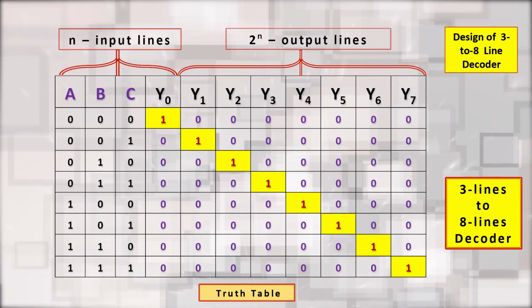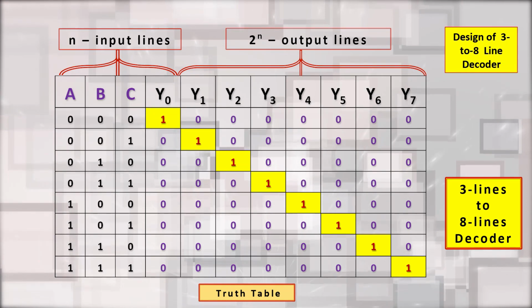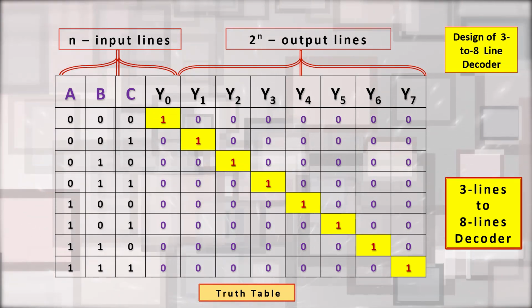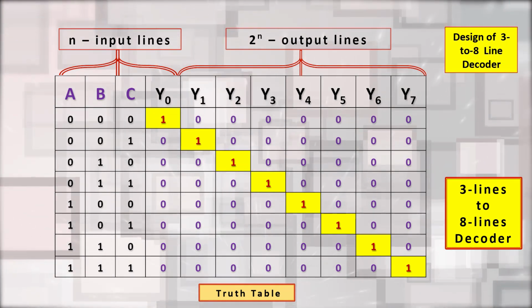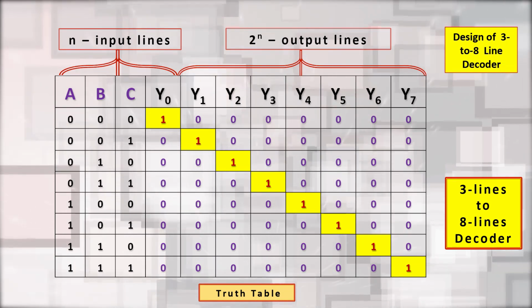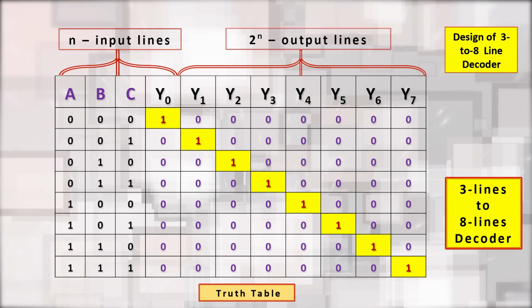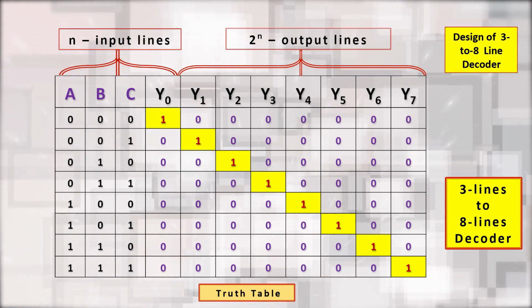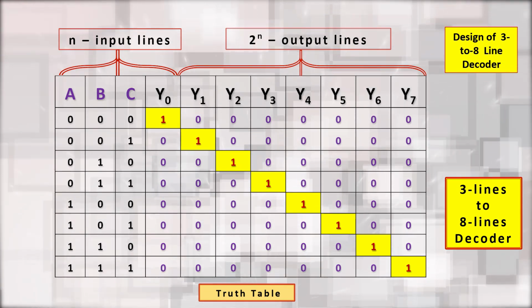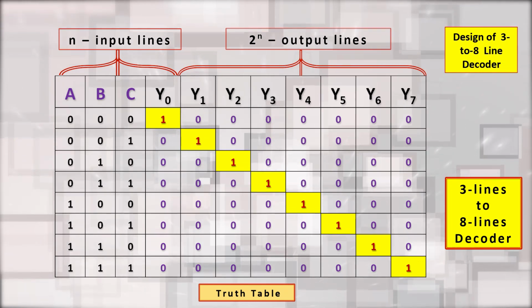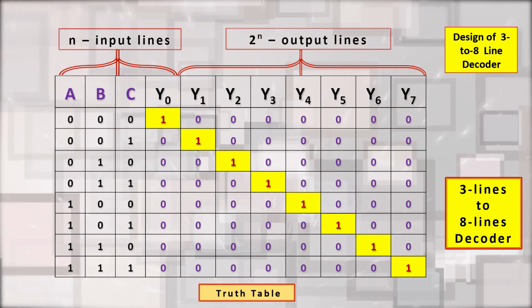The ABC input will vary from 000 to 111, and for the input 000, when A is 0, B is 0 and C is 0, the output Y0 will be activated and set to logic 1.